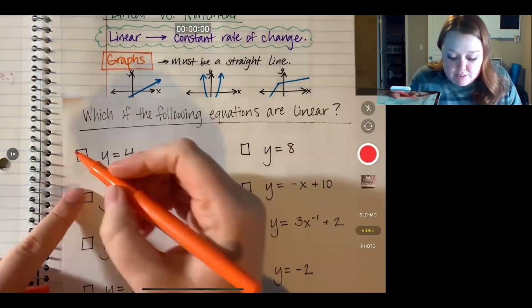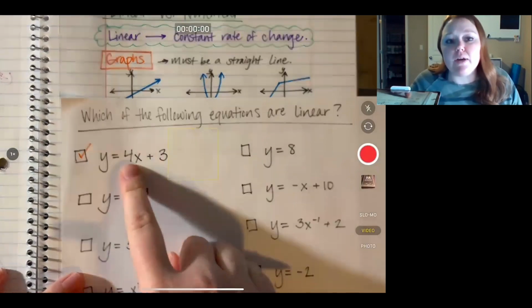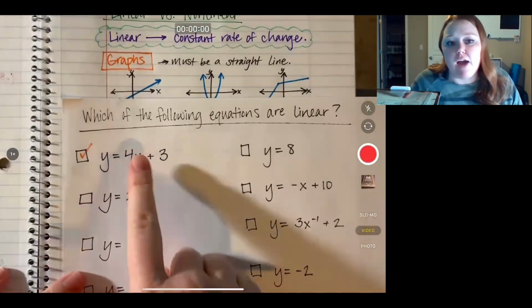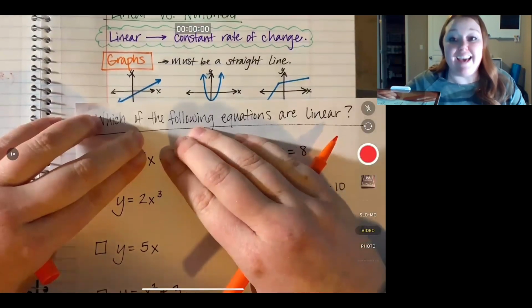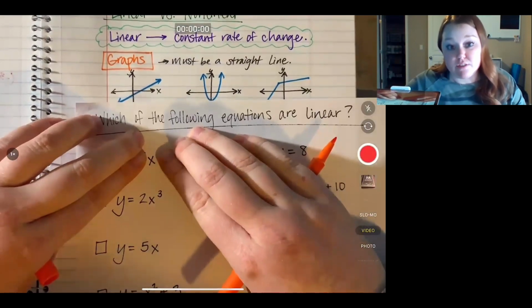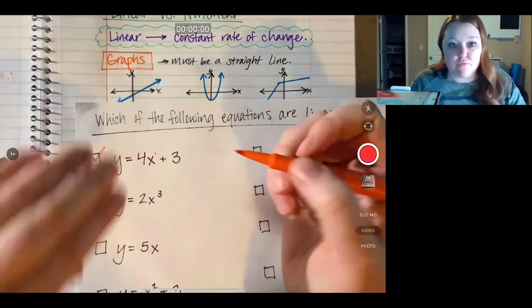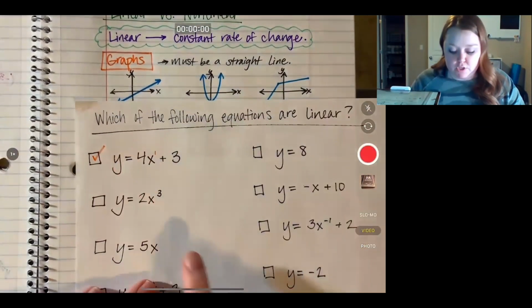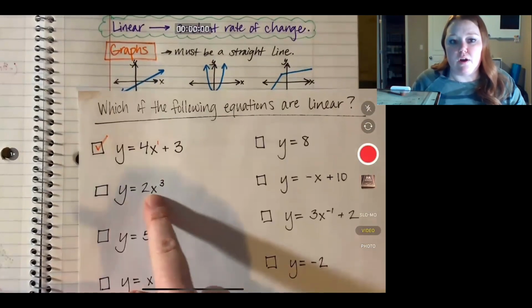So in this case, this first one's linear. It doesn't really matter what else is attached to it. I'm really just focused on the x, and I'm looking at the exponent on the x. Since there was no exponent, there was a secret power of 1. Therefore, it's linear, okay? So I want you to go to this, and in your head, tell yourself, linear or nonlinear?